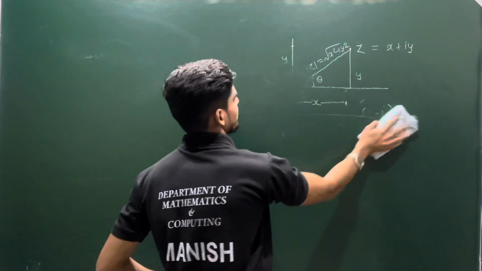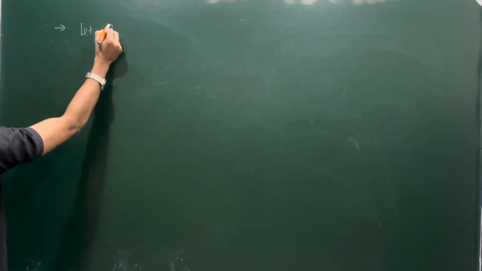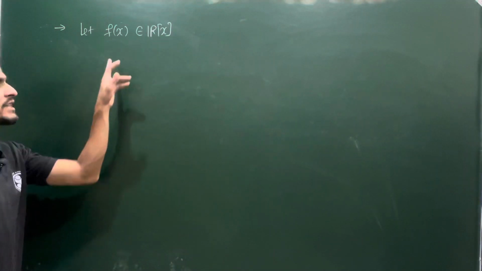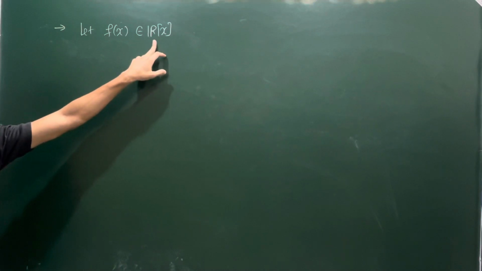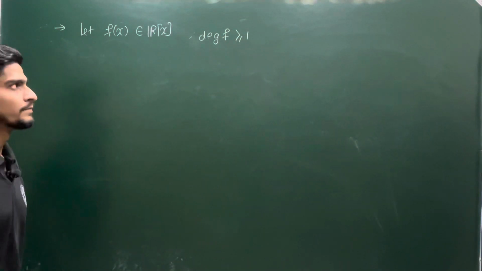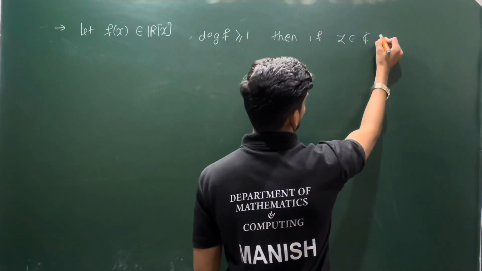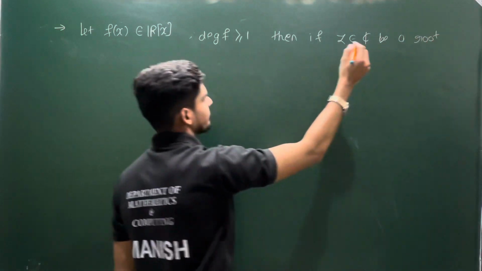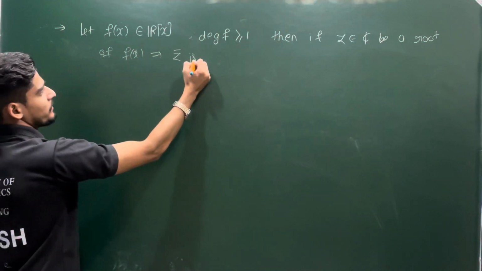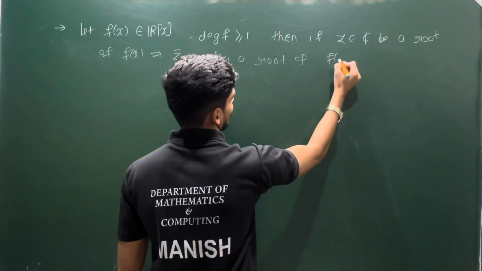Now let me ask you one more question. Let f(x) be a polynomial, that is, it is a member of R[x], a polynomial of certain degree whose coefficients are coming from R. Degree of f is at least 1, then if z belongs to the complex numbers and is a root of f(x), this implies z bar is also a root of f(x).